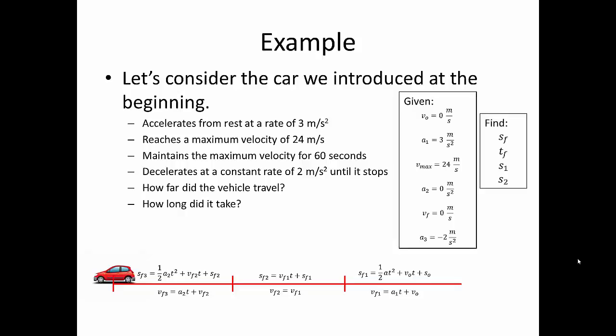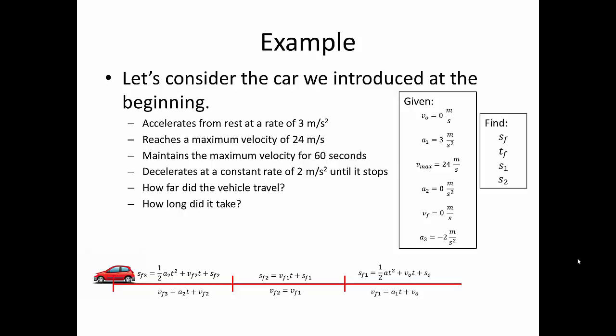With any problem, I like to start out by identifying my variables, all of my knowns and unknowns, what I've been given and what I'm trying to find. Here we have an initial velocity of 0 meters per second, an acceleration in the initial phase of 3 meters per second squared. We reach a maximum velocity of 24 meters per second. Our acceleration in the second phase is 0.